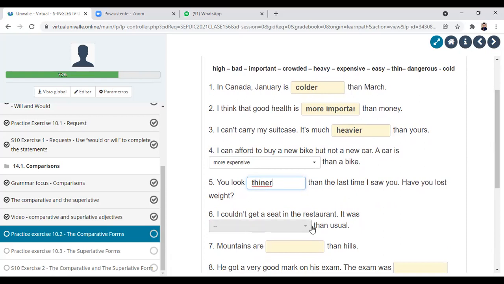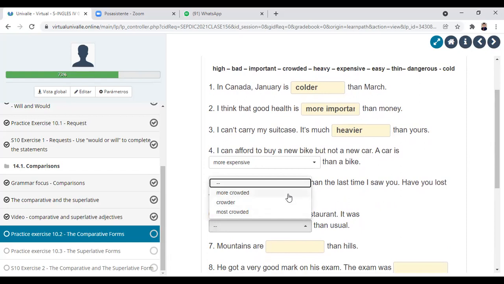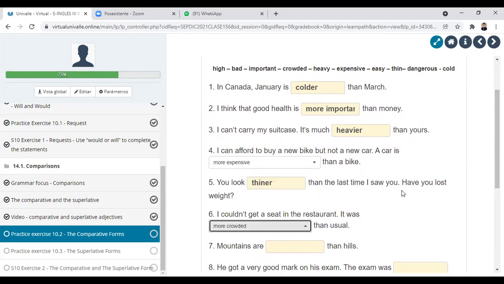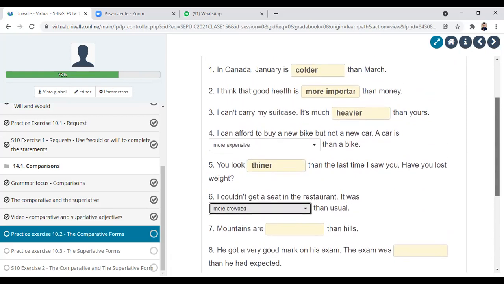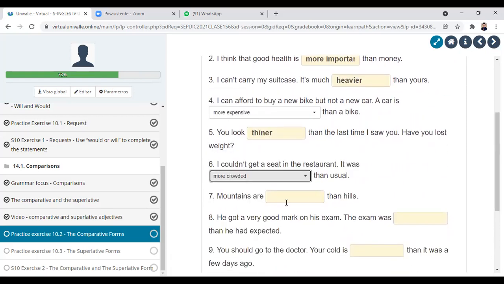I could get a seat in the restaurant. It was more crowded than usual. Mountains aren't higher than hills.